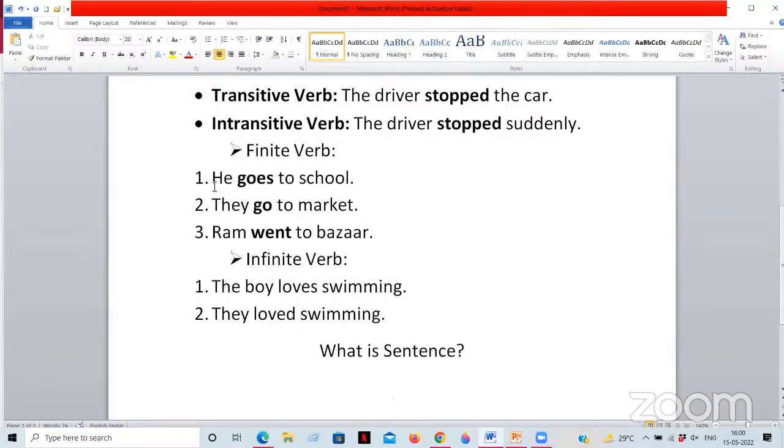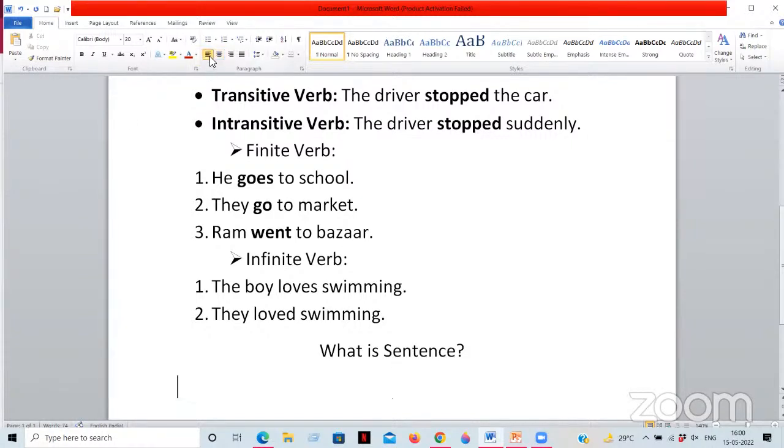Now there are several types of sentences. You might have heard of them. Please tell me how many types of sentences there are. Four types of sentence. Okay, you just tell me, I'm just writing.